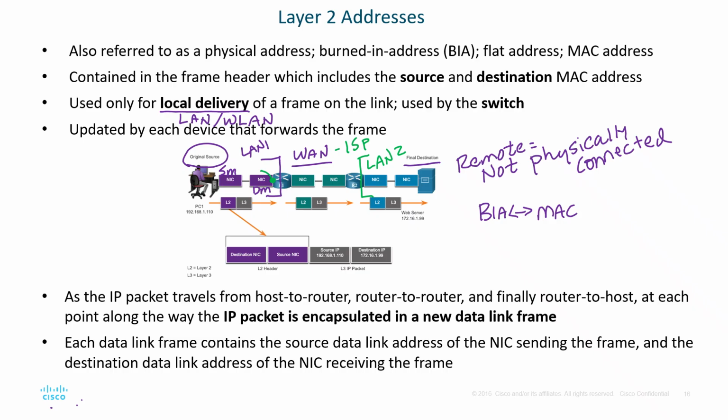When it rewraps it, it has to re-encapsulate it, so a new source MAC address and a new destination MAC address. Now it goes to that router on that NIC. Okay, and this happens all the way through.